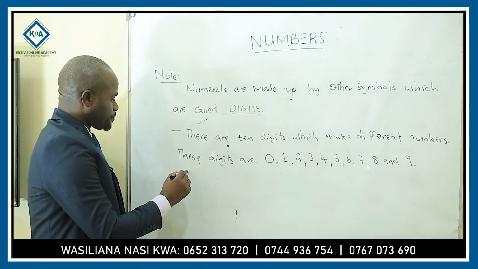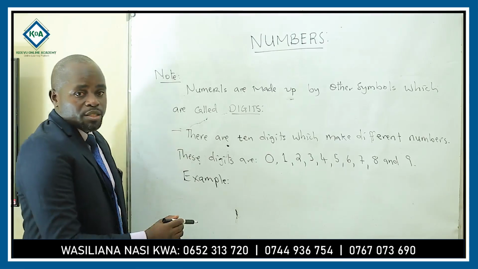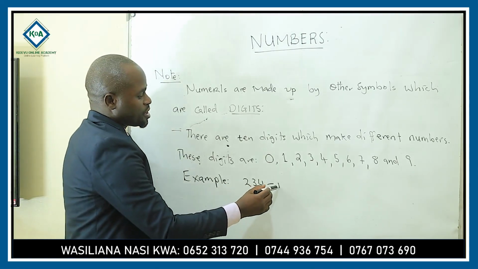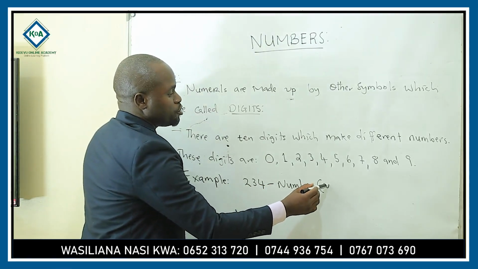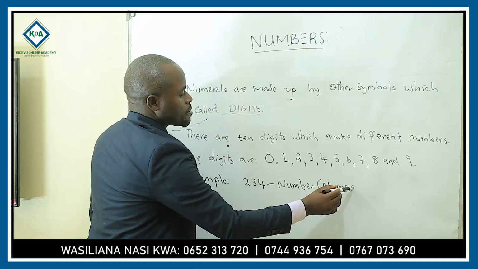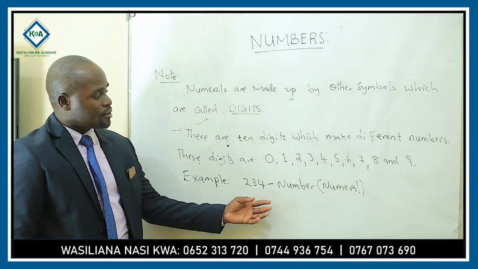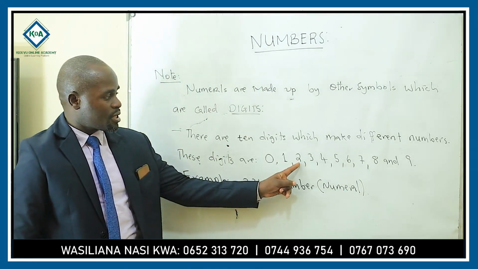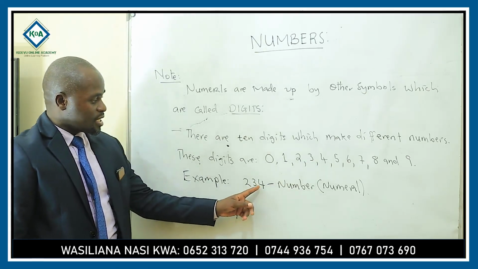For example, here, if you write your number maybe 234, this is a number which is a numeral. But in this number 234, we have 3 digits. The first digit is 2, the second digit is 3, and the third digit is 4.